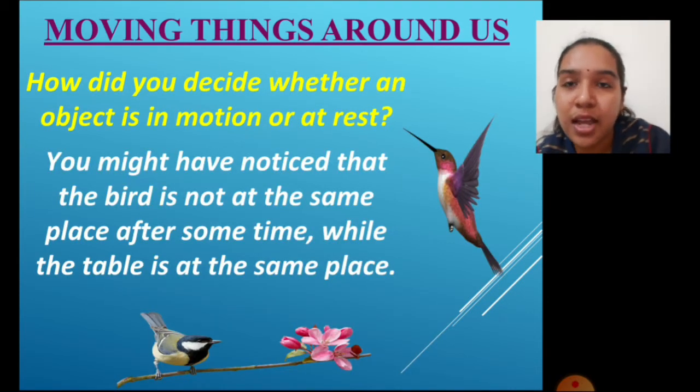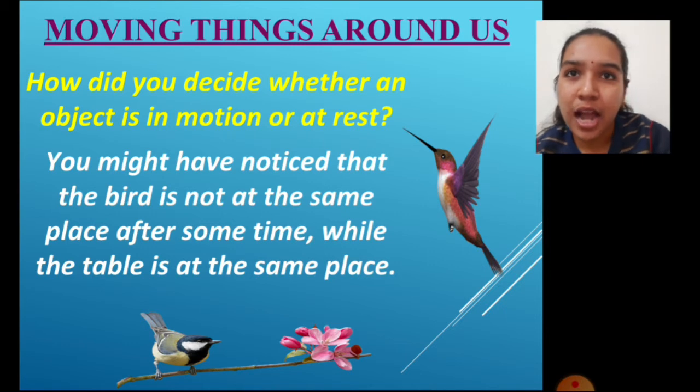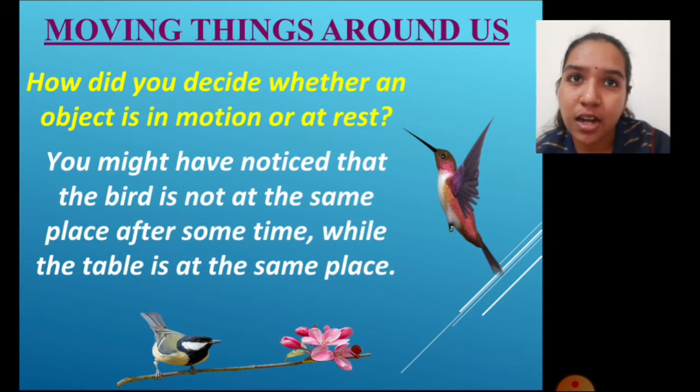So children, now analyze properly. How did you differentiate these objects? Are the objects at rest, or these objects which are at rest are always at rest? And those objects which are moving, are they always moving?